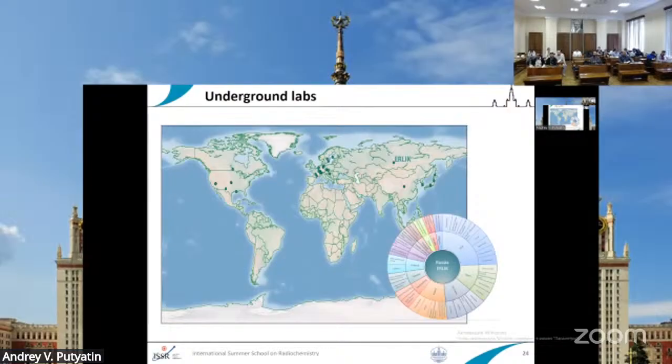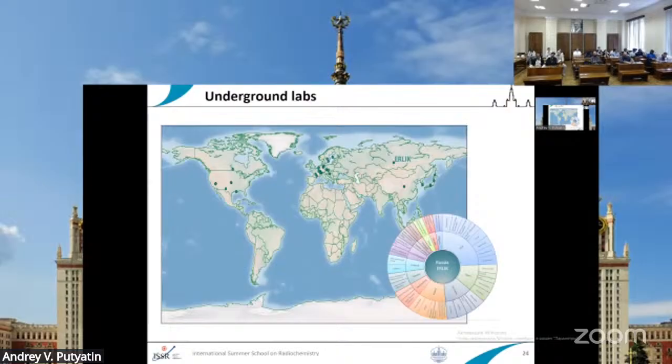These are different underground labs, not all of them for radioactive waste disposal, some geological labs, some labs for neutrino observation, etc. So there is a huge list of analyzed underground labs. And there is our lab that is under construction.